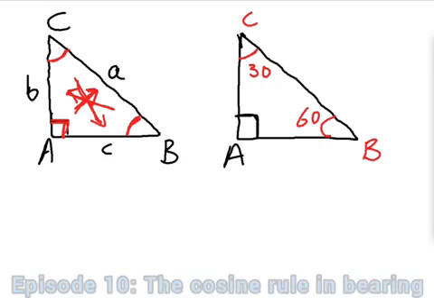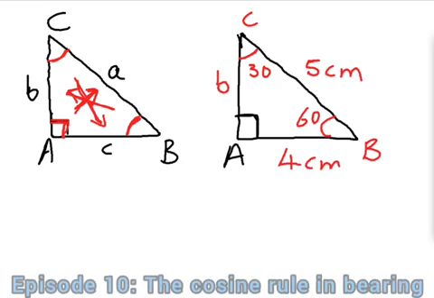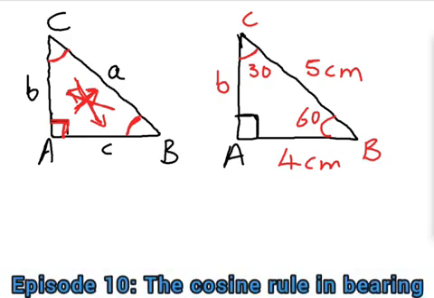What about the sides? Now we may be told that this side is 5 cm, this side is 4 cm, and unfortunately we may not be given this side B. Good. Now you may be asked to find B. Probably B represents the distance from point A to point C on your diagram of your bearing.